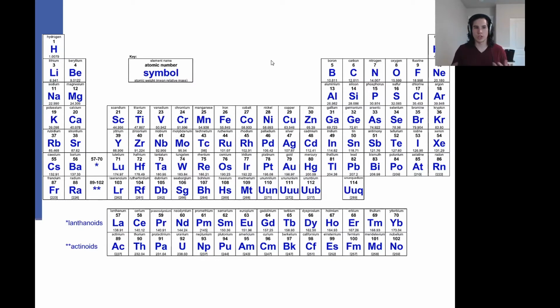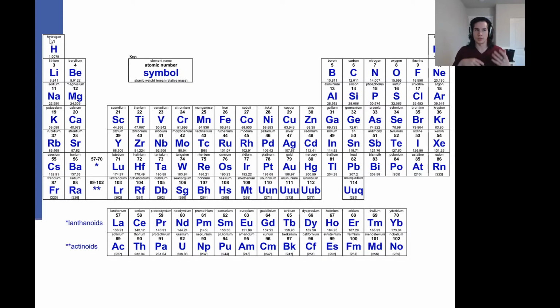As soon as you change the amount of protons, you're now talking about another element. One thing that can vary within an element is the amount of electrons and also the amount of neutrons. So hydrogen has one proton.